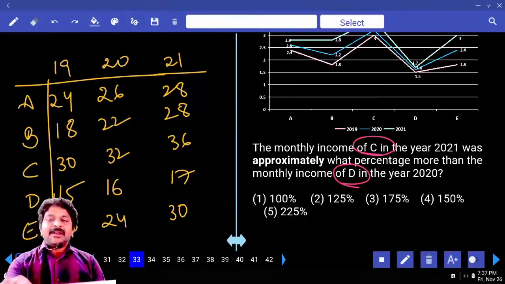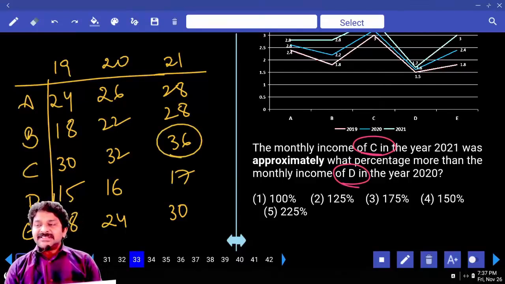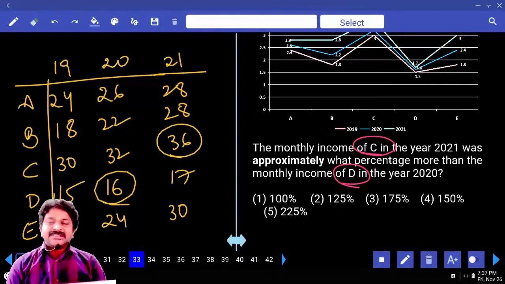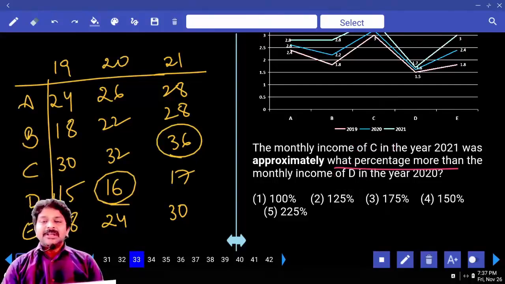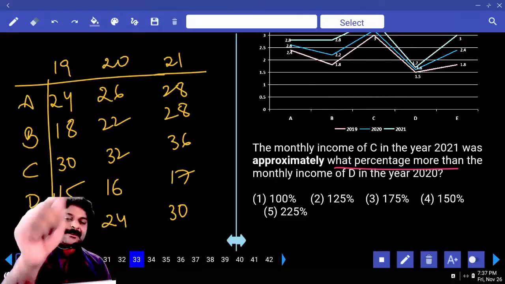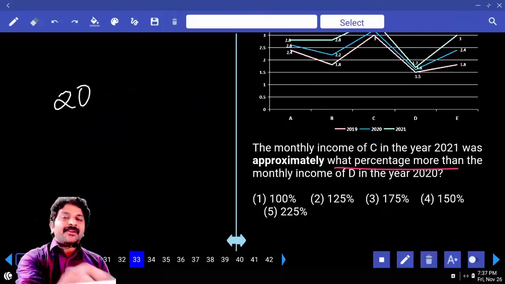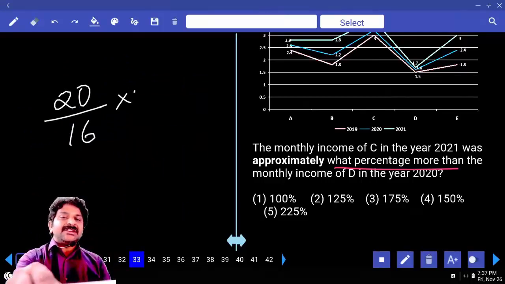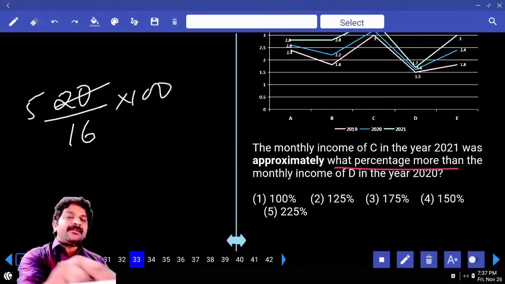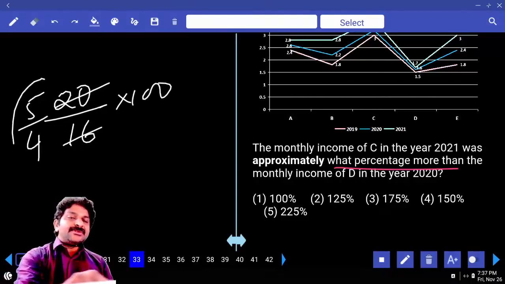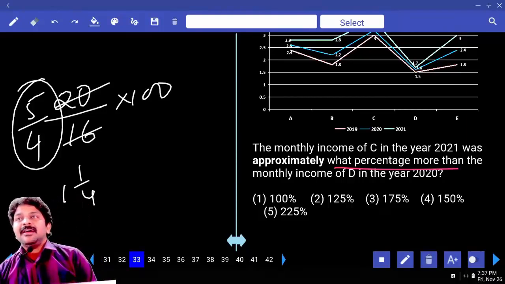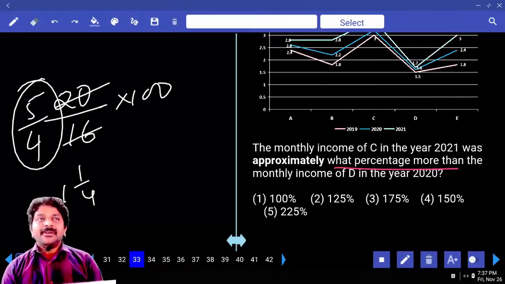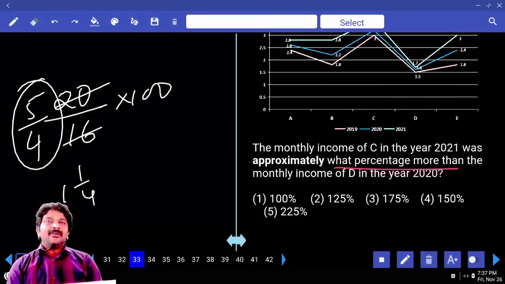C 2021 is 36, D 2020 is 16, and your question is what percent more? 36 is how much more than 16? 20 more. 20 from 16, 5 by 4, in the sense 1 by 4 more. 100%, 1 by 4 is 25%, total 125%.